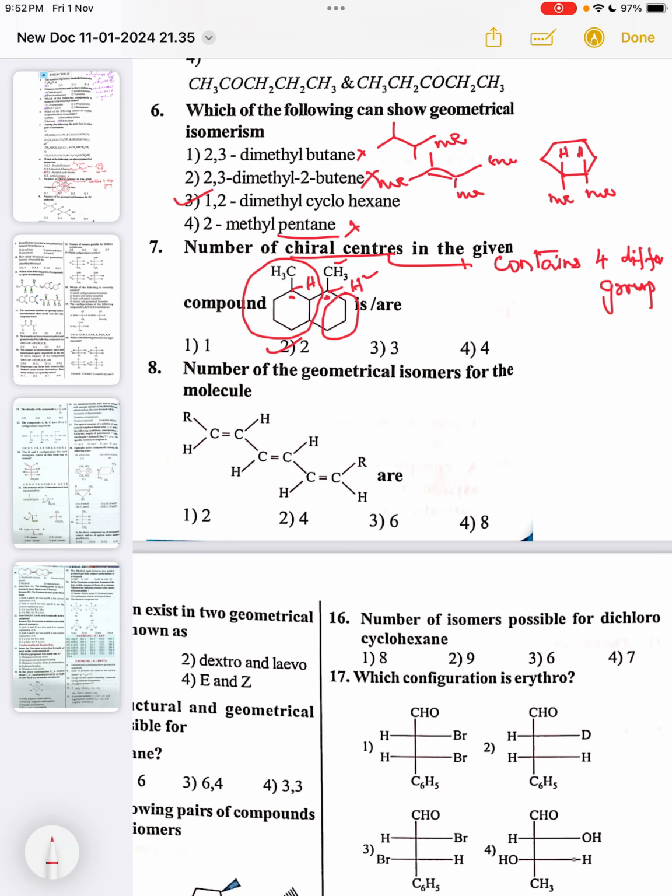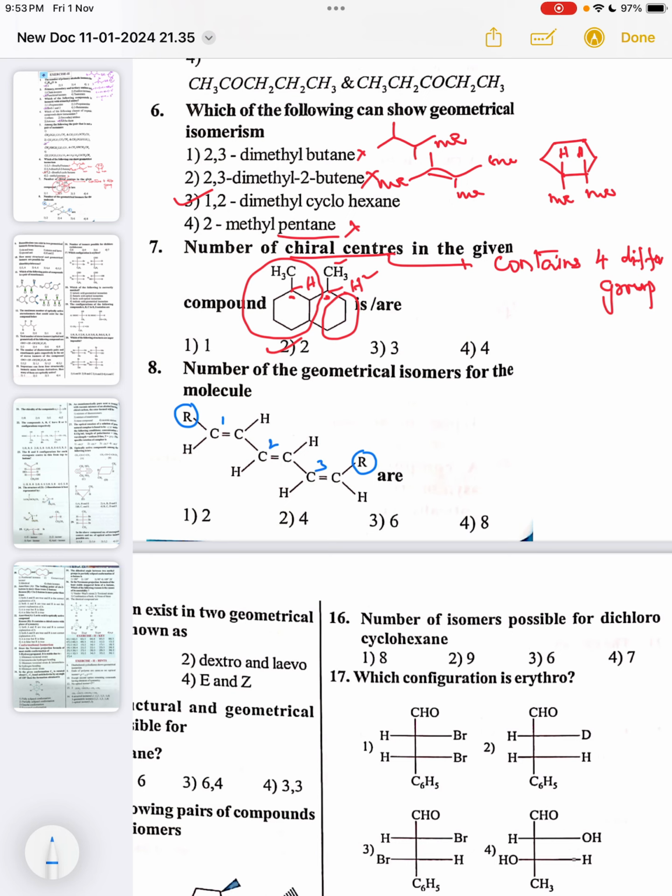Number of geometrical isomers for the molecule given here. If you observe, this molecule is a symmetrical molecule. Why? Because the terminals are the same, and we know how to find the number of geometrical isomers for symmetrical and unsymmetrical molecules with even and odd numbers of double bonds. If you observe, this is a symmetrical molecule with an odd number of double bonds. Here 1, here 2, 3 double bonds are present.